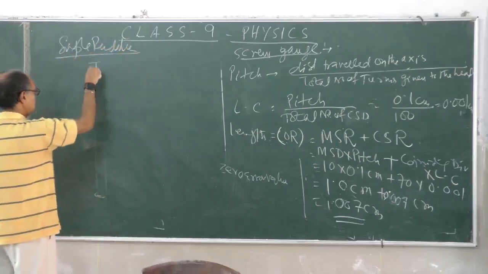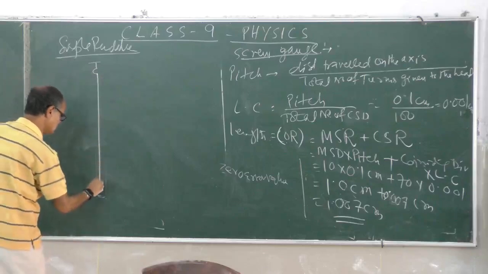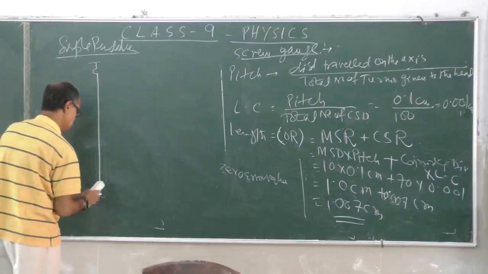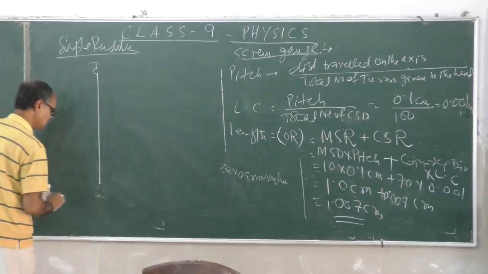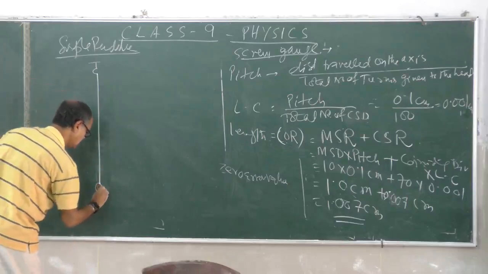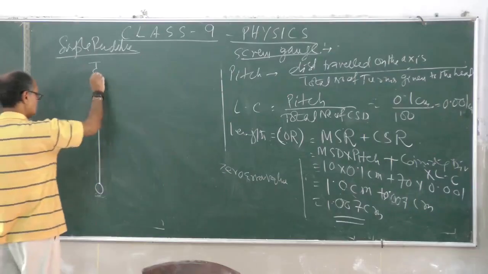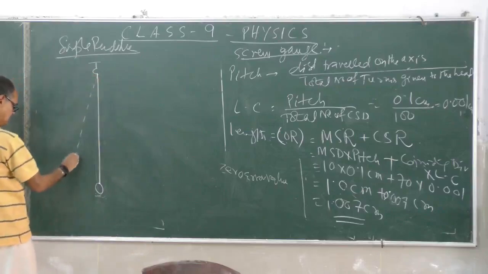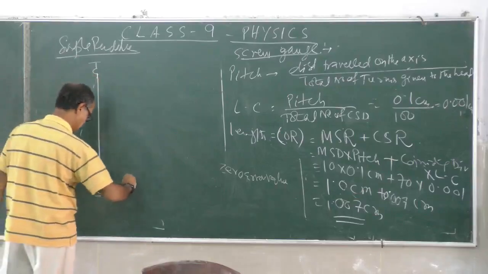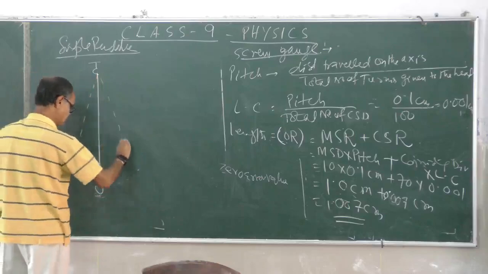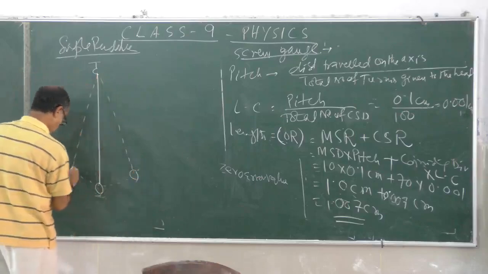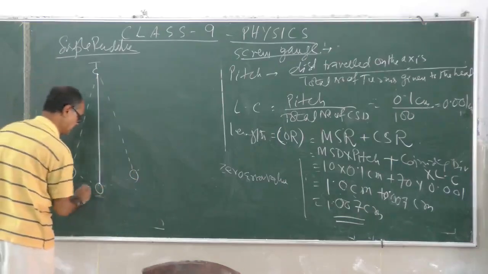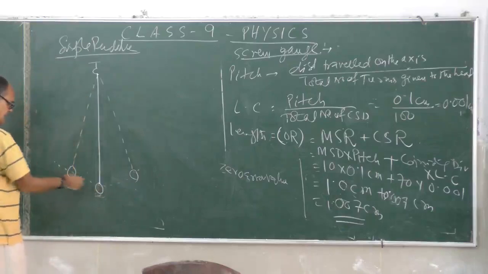There is a hook, and from there a very thin string holding a heavy mass called a bob, and this can be pulled in one direction and released so that its position keeps changing.